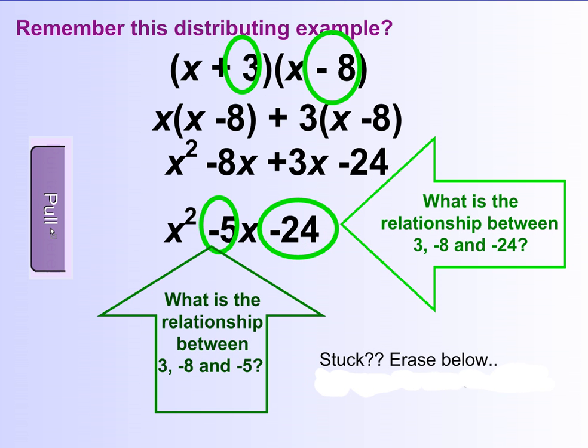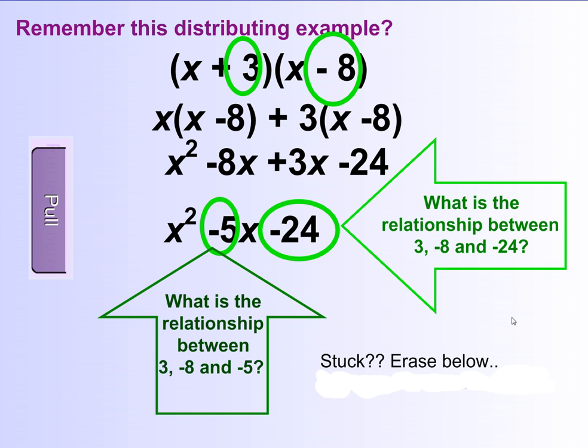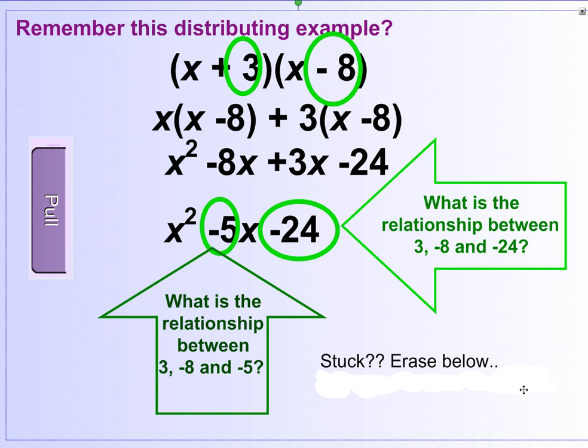And now we have the relationships that we need to find to determine how to undistribute. So we want to know the relationship between 3, negative 8, and negative 24. If you're stuck, take a moment.